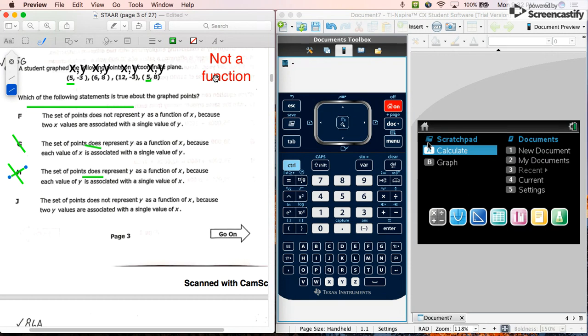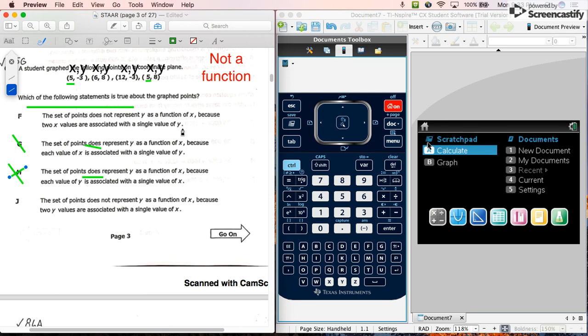So letter F says the set of points does not represent y as a function of x because the x values are associated with a single value of y. Now, I can see while that would be confusing, that's saying that two x values are associated with a single value of y. What that's saying is that I only have an x with one y.